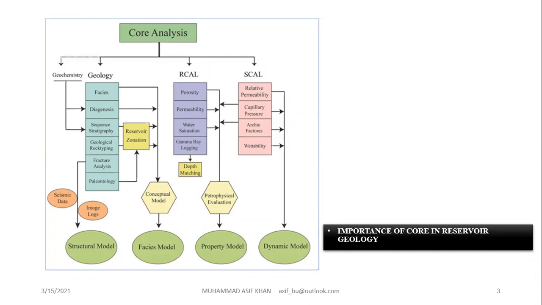Relative permeability means, in a reservoir we have multi-phase flow, like we have oil, gas, and water. It is the permeability of one fluid with respect to the other fluid, the ratio of effective permeability to the permeability at 100% saturation of the fluid, which is absolute permeability.